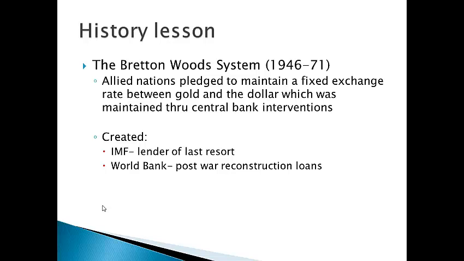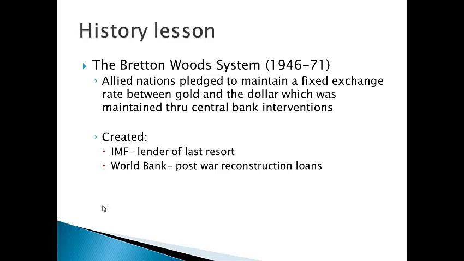The Allied nations agreed to maintain a fixed exchange rate between gold and the dollar, which was maintained specifically through central bank intervention. So this is a fixed rate system where the central banks are actually going out and buying or selling the other currencies in order to maintain their value relative to the dollar, and the dollar is doing that relative to gold.